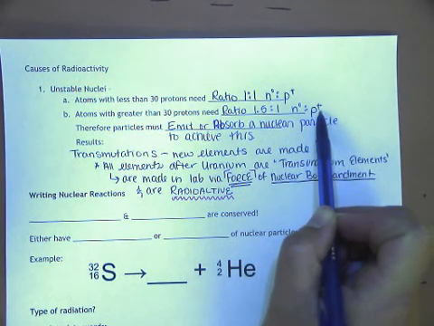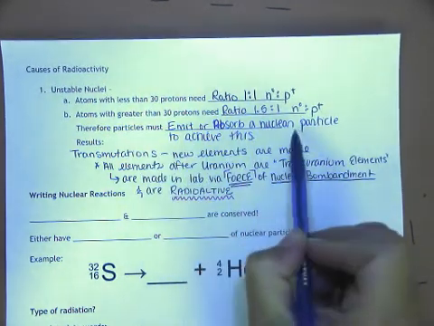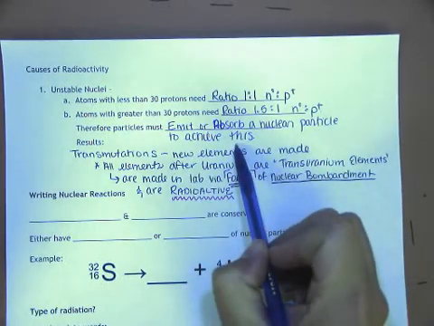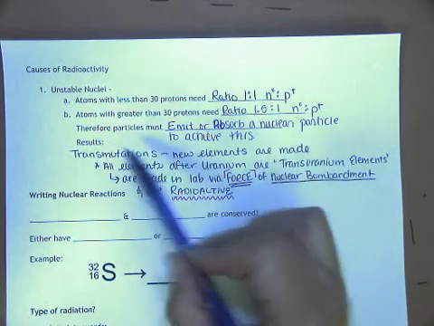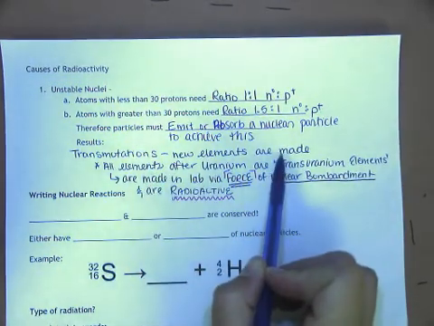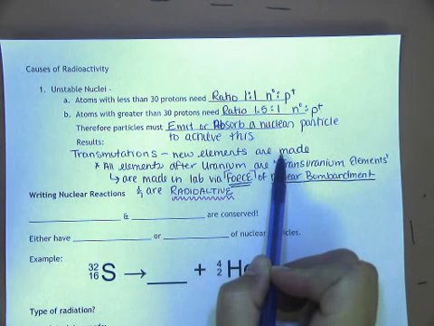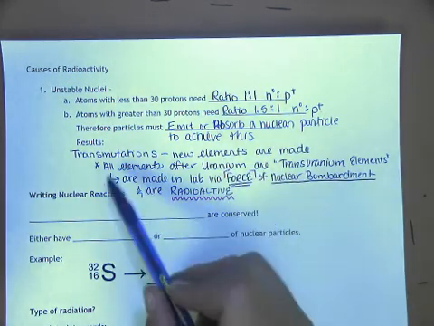If an atom does not have this ratio already, they must either emit or absorb a nuclear particle to achieve this. So because this happens to get these preferred ratios, we end up with transmutations. Here, new elements are made based off of losing or gaining their protons and neutrons. So either new elements or an isotope.